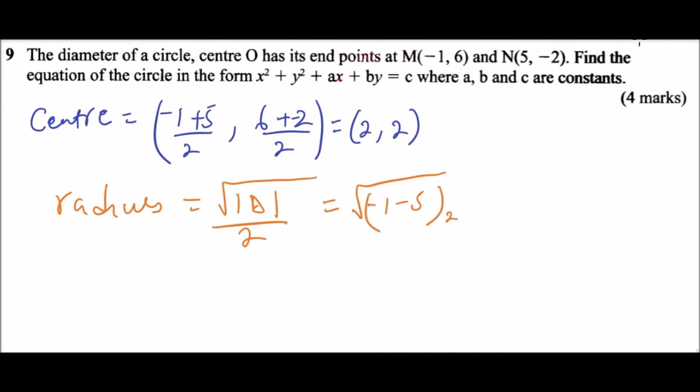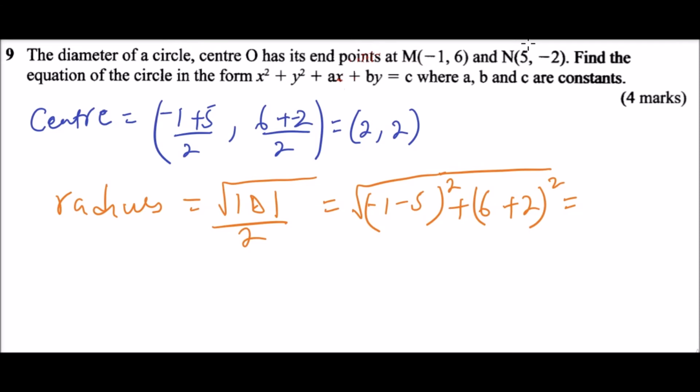So that is change in x. Then you add plus change in y, 6 plus 2, squared. The 2 has become positive because it is negative.